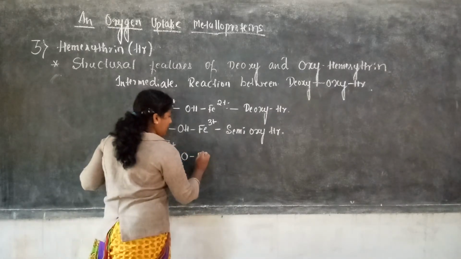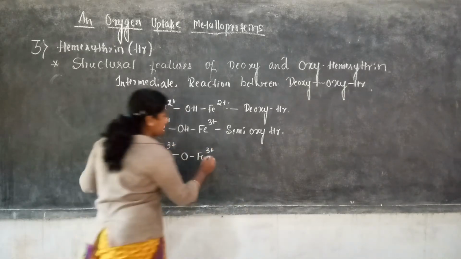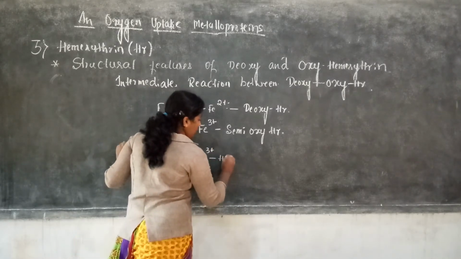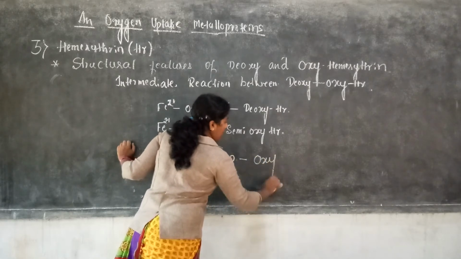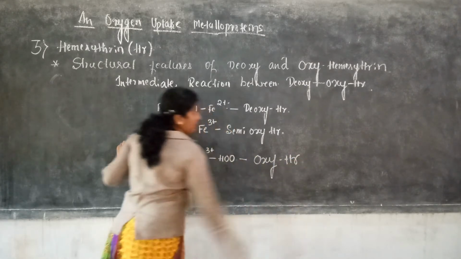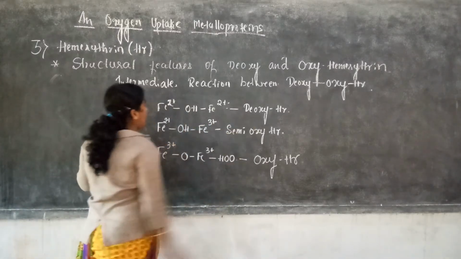Fe3+, then HOO. Here this is known as oxyhemerythrin.